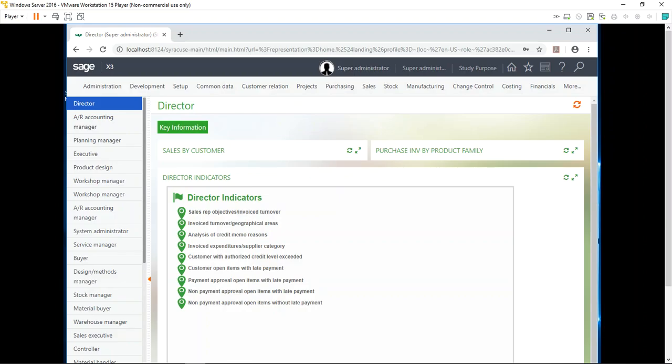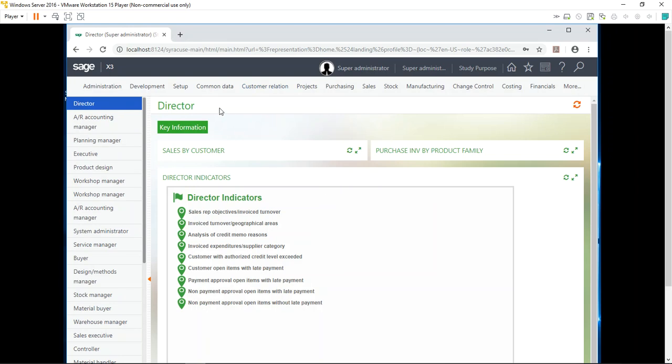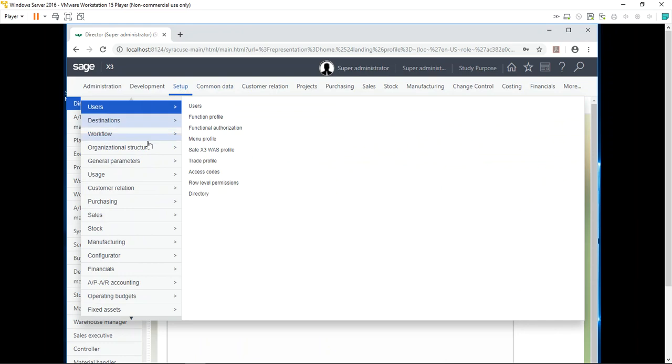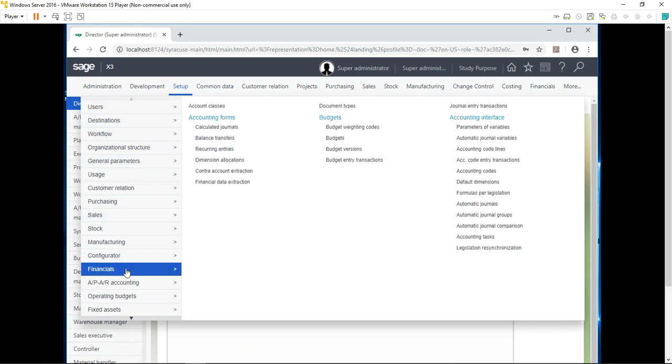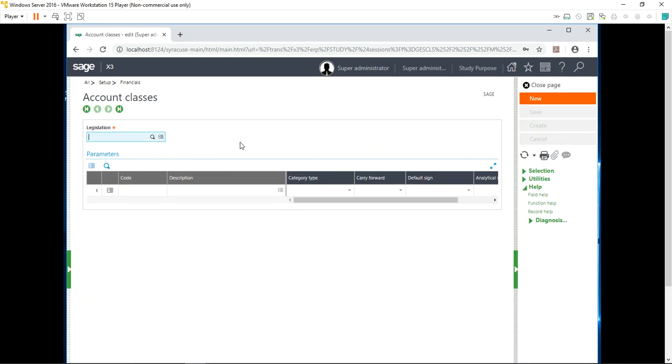Okay. So where can you find the account class within Sage X3? That is under Setup, then you go to Financial, then Account classes. This function will allow you to create and modify your account class definitions.